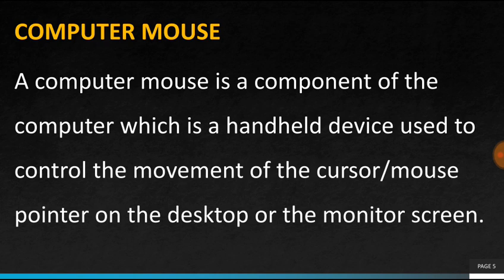The arrow is what we refer to as the mouse pointer or the cursor. You can only move the cursor or the mouse pointer on the monitor screen when you move or drag the mouse. So the mouse is the main device used to control the mouse pointer on the monitor screen.